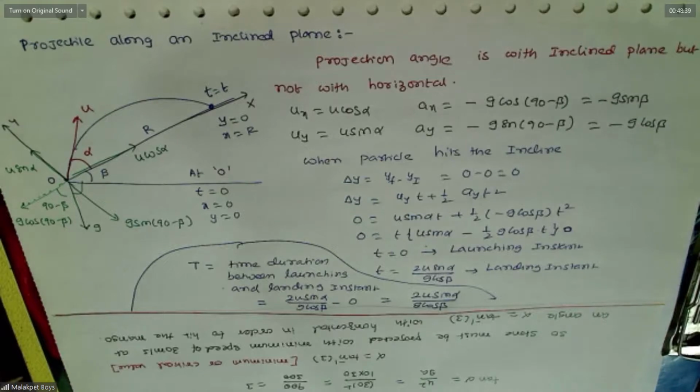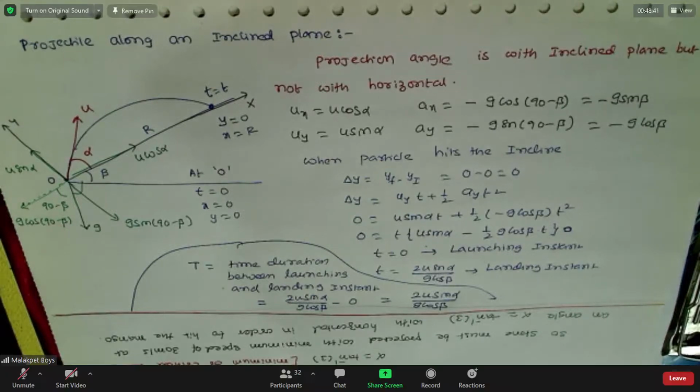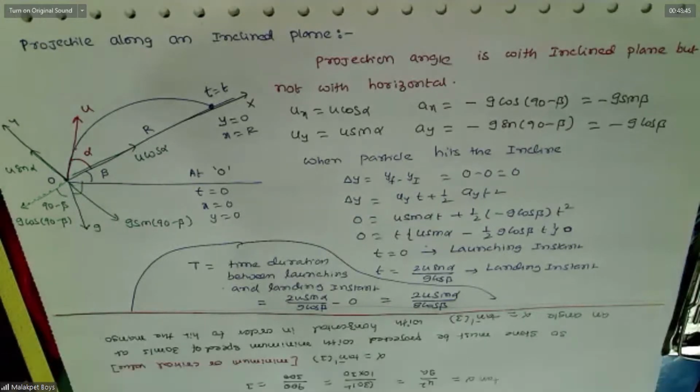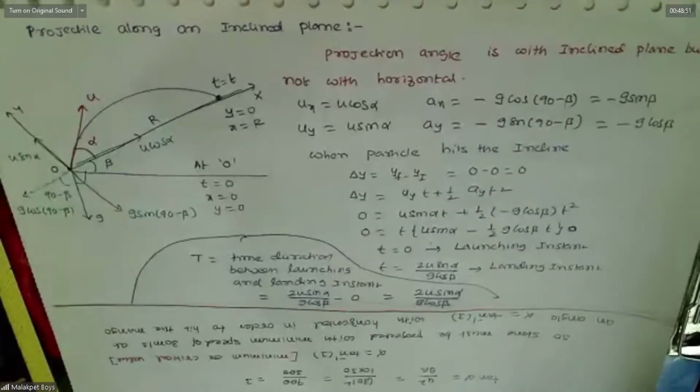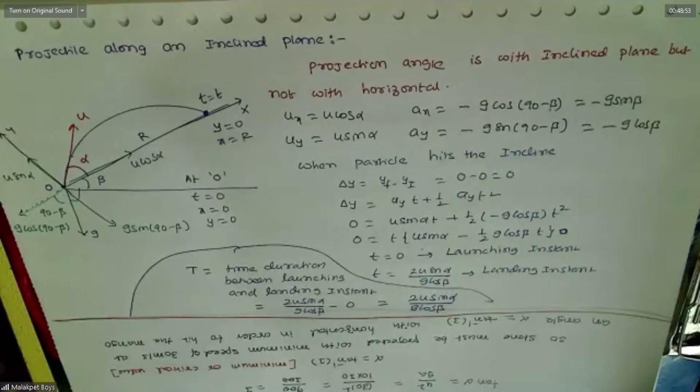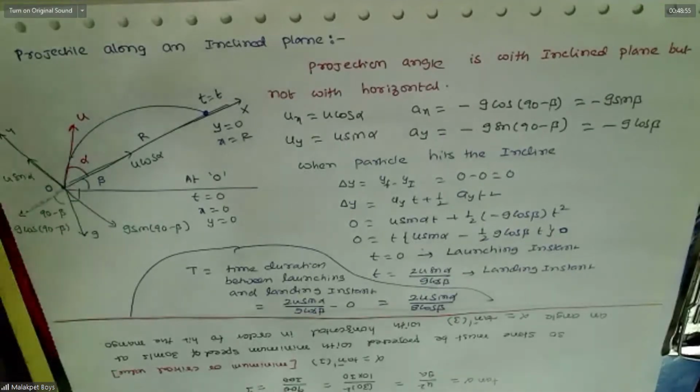Should I turn the page? Yes, sir. To use alpha by G cos beta? Now you can find range. I'm turning. 1 minute. Don't run away from a problem and try to find a solution for that. Sir, this is what we need. You teach this once again.